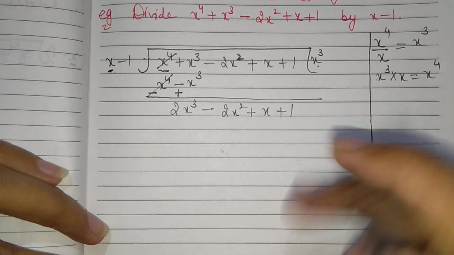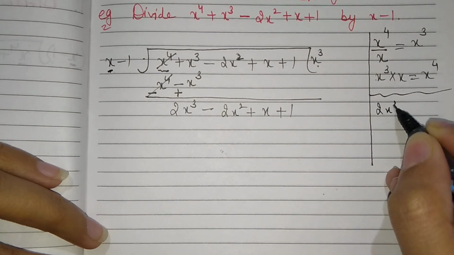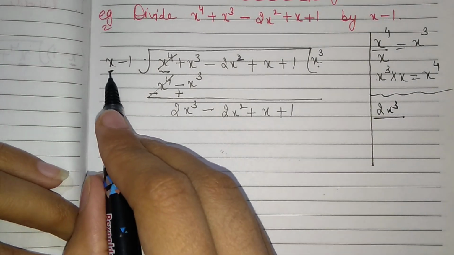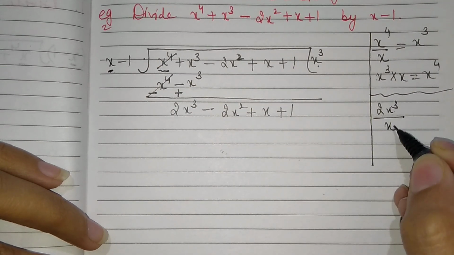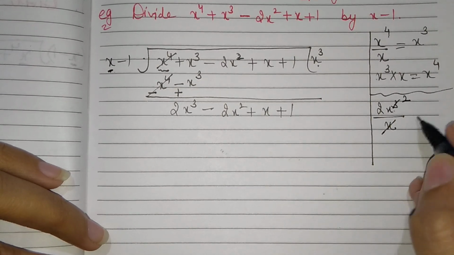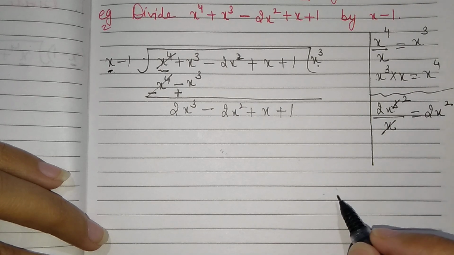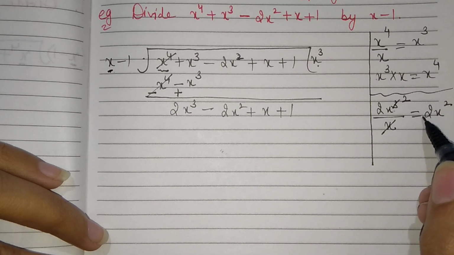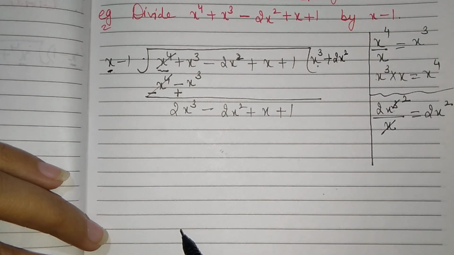Then the same procedure will be followed. Which procedure? Take the first term, that is 2x cube, divided by this first term, that is x. Now here x cube and here is only 1x, and after cancellation 2 x squared will be left. Means what is the quotient? We have got 2x square, and this quotient is positive, so I will write it here with positive sign, 2x square.